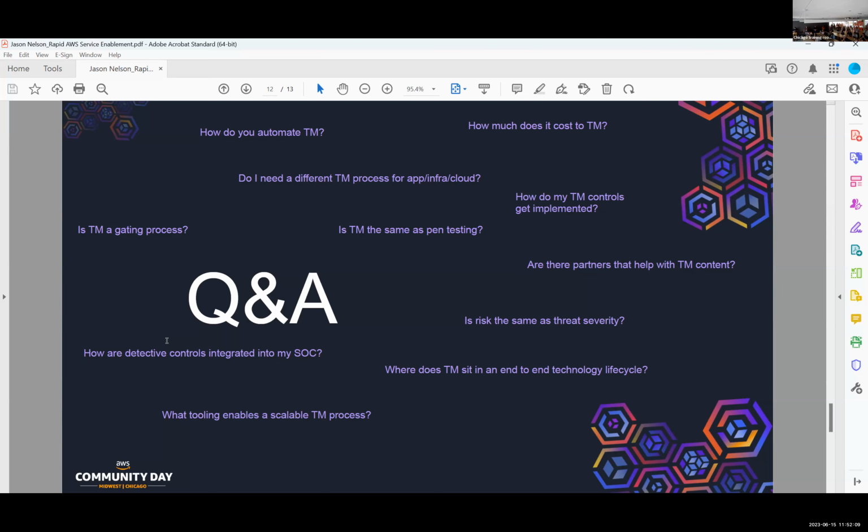Anyone else? A lot of the challenges of starting this out is buy-in. What's the value of this? I had a slide on that, with the things you can demonstrate through threat modeling, but just talk about, not necessarily the outcomes, why don't we want to know what threats exist in our environment?